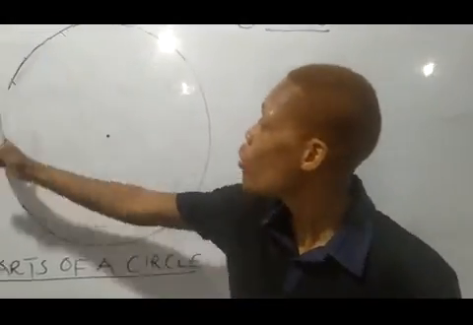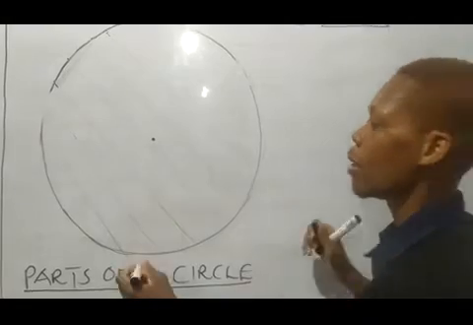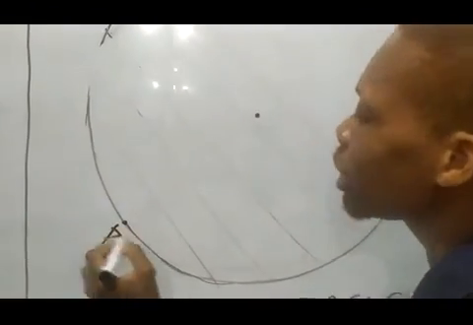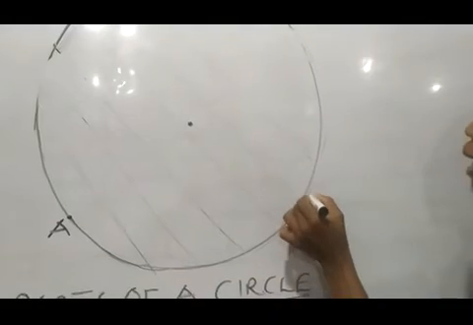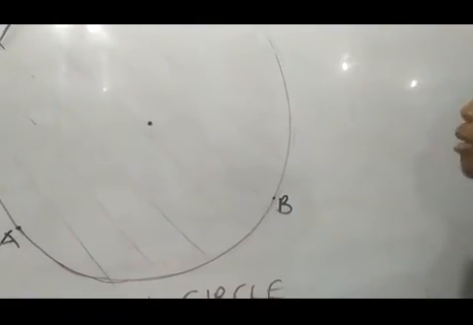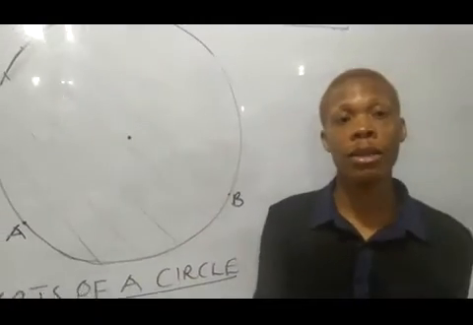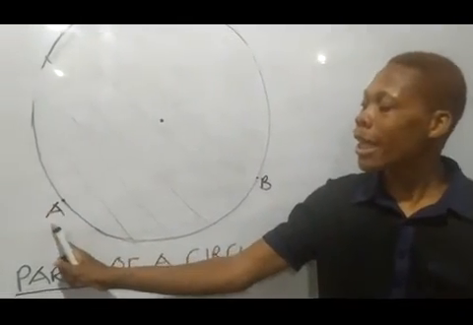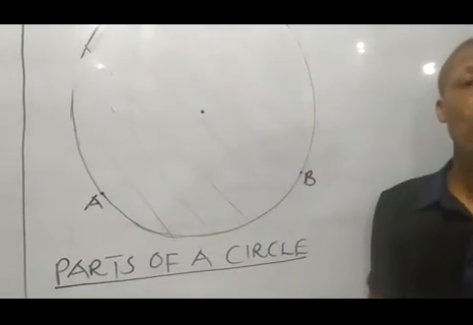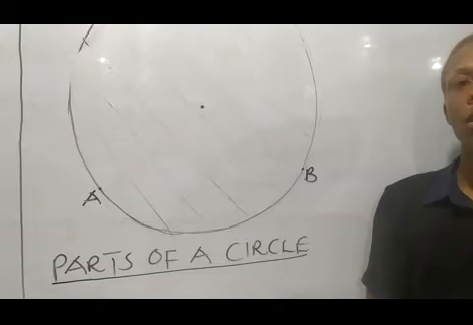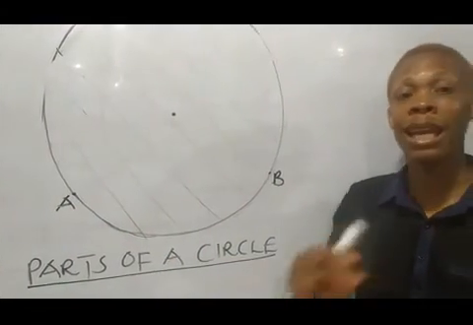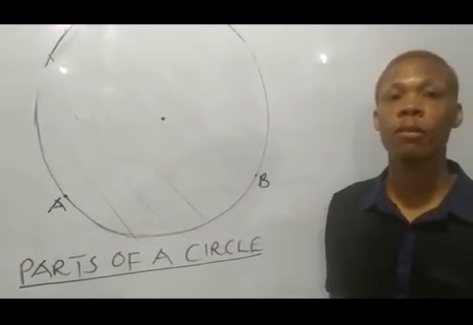If I have 2 points on the circle, let's assume I have a point A and another point B on the circle. The line which joins point A to point B is what we call a chord.